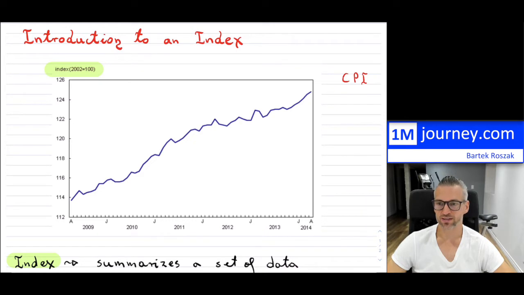So we can clearly see that based from 2002, if it was set at 100, and now it's almost at 126, it has risen about 26% over time.